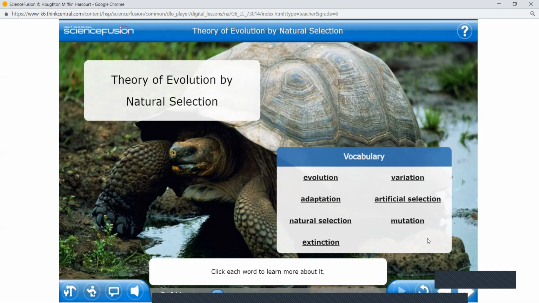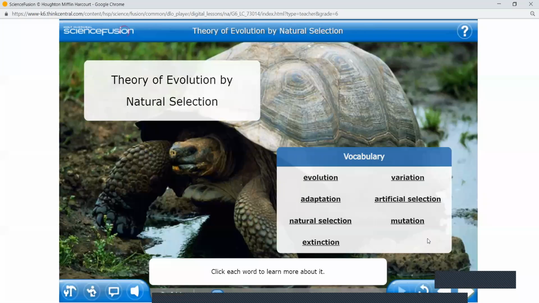we'll study about evolution, adaptation, natural selection, mutation, extinction. Leon, can you just read out these vocabularies? Okay.